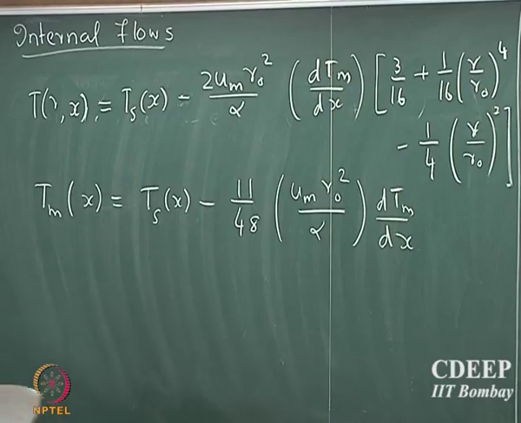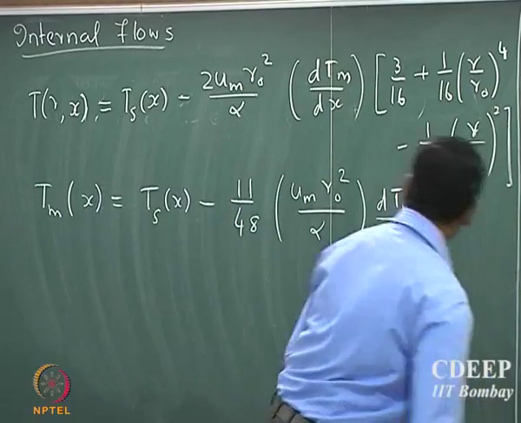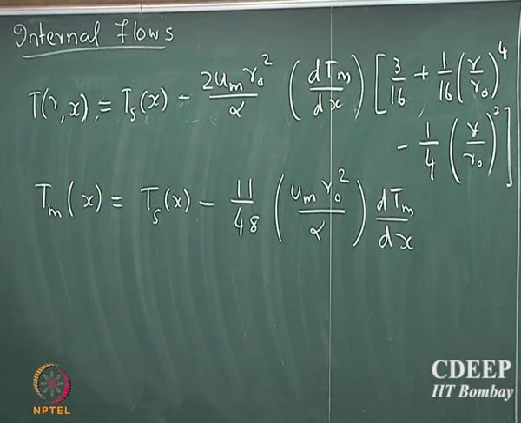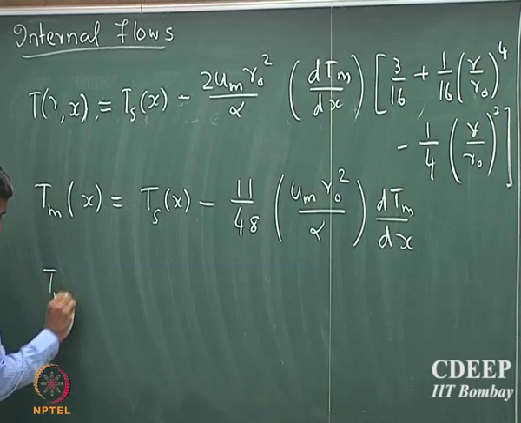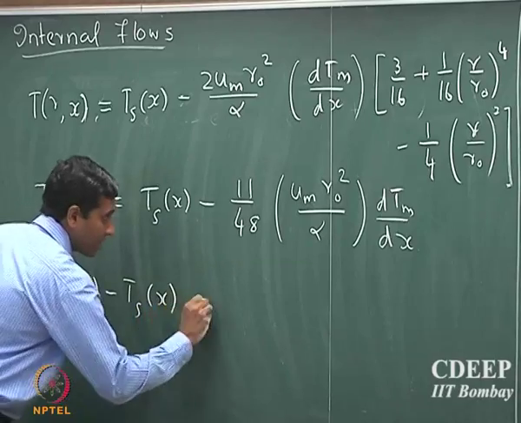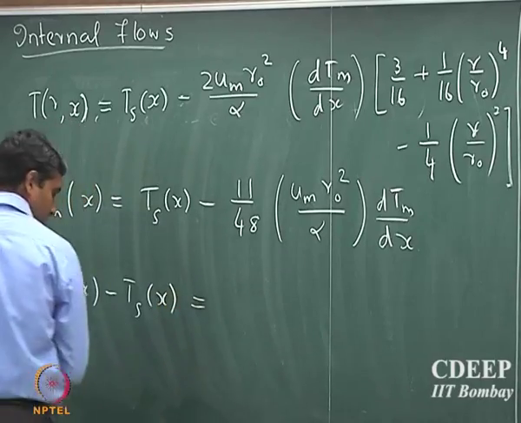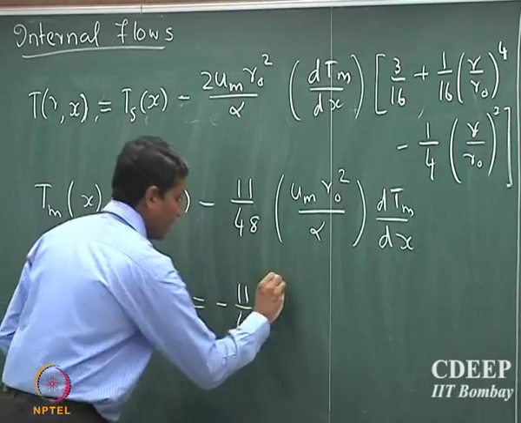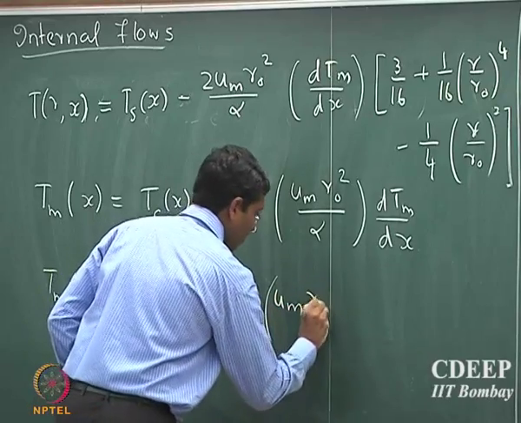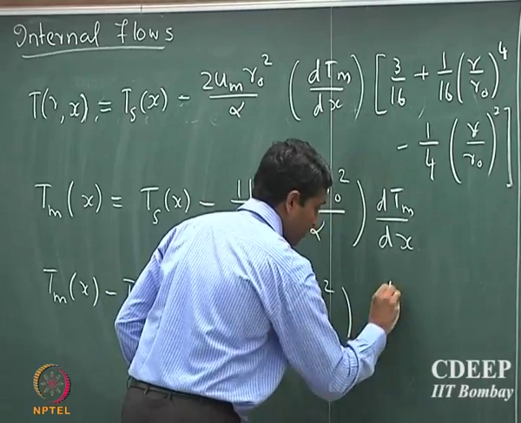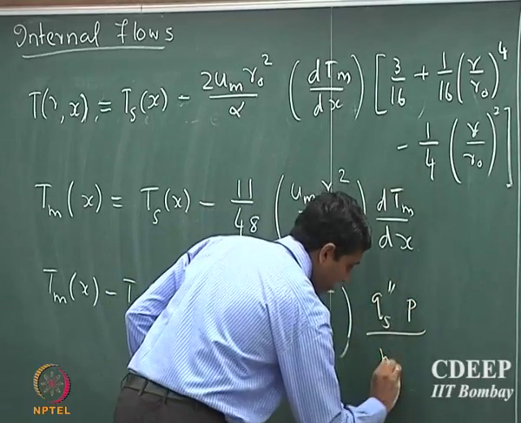And so now we know that dTm by dx is Qs double prime P by m dot Cp. So I substitute that here. So Tm x minus Ts is equal to minus 11 by 48 into um r naught square by alpha into Qs double prime P by m dot Cp.